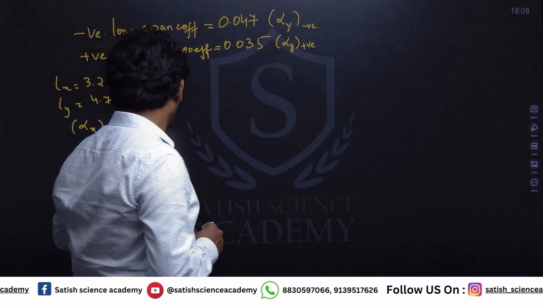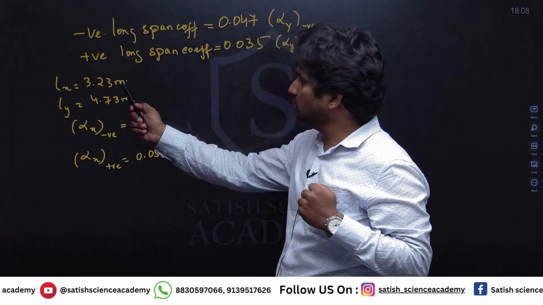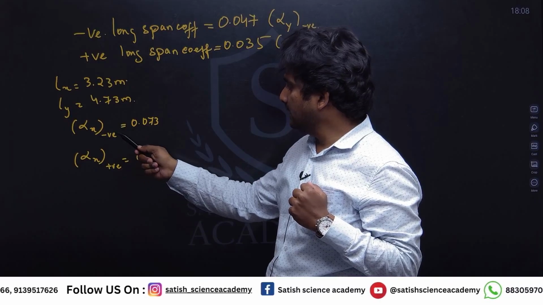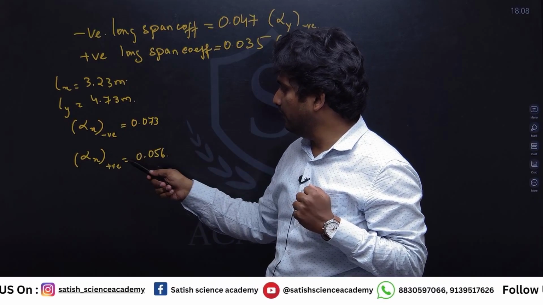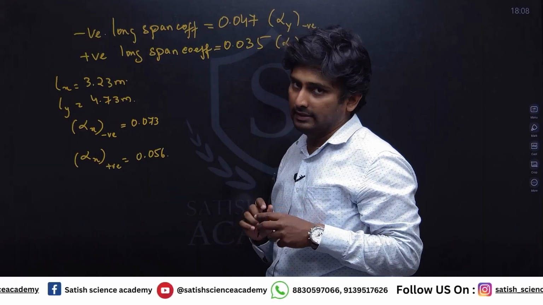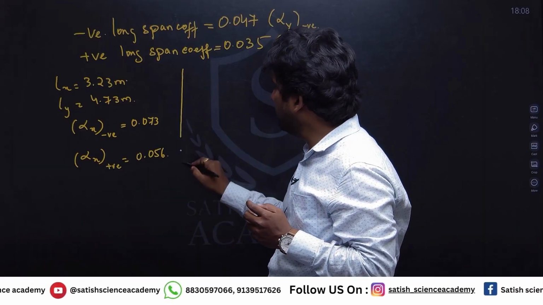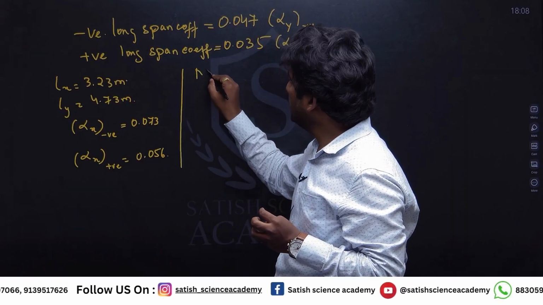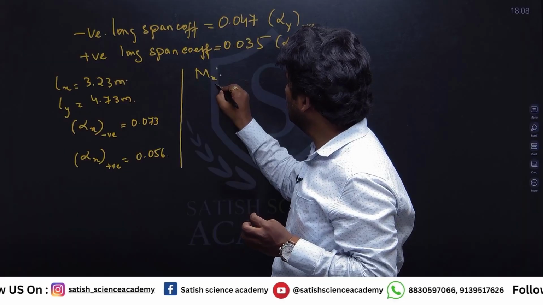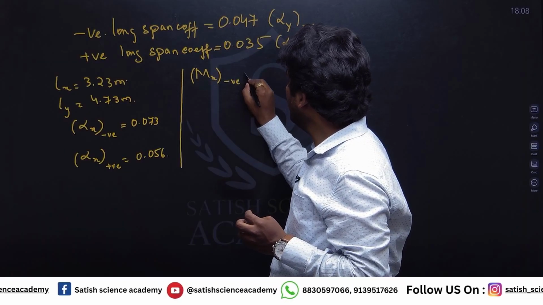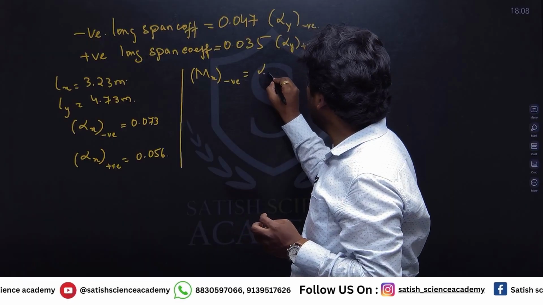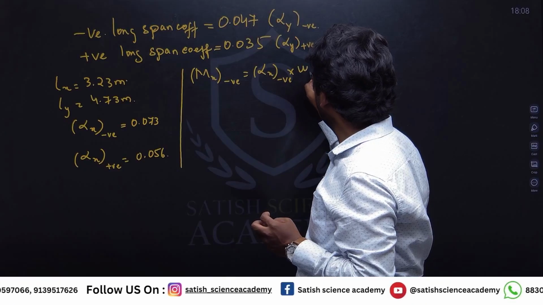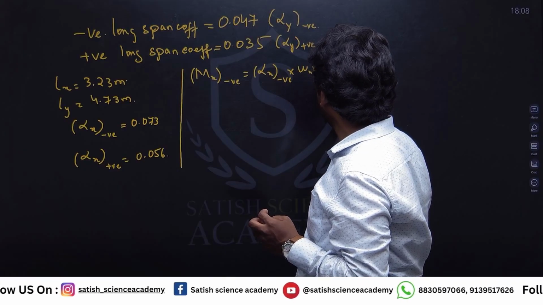Lx is 3.23 and Ly is 4.73, alpha x is 0.073 and alpha y is 0.056. Now we have to calculate the corresponding values. See now Mx negative equals alpha x negative into wu into Lx square.